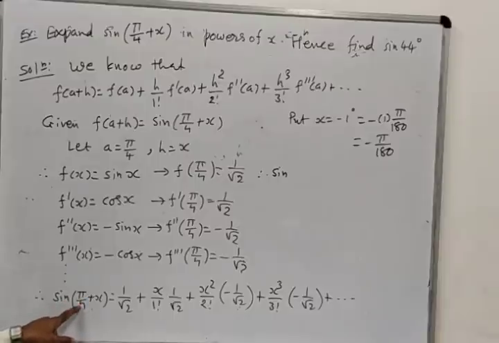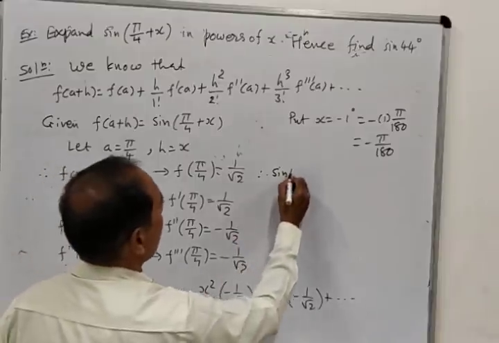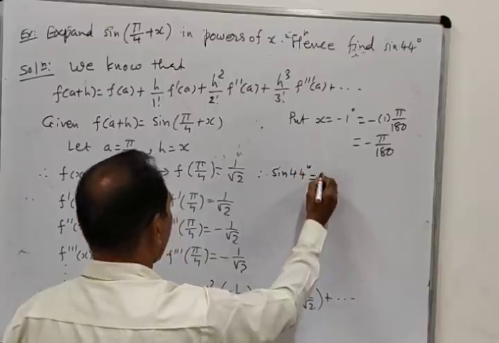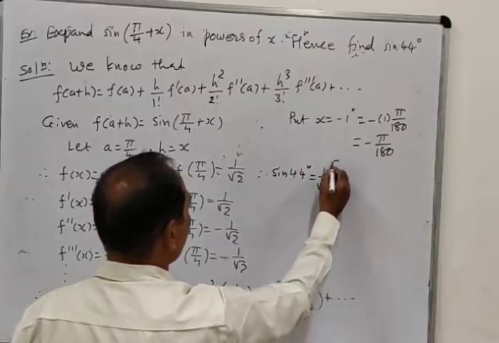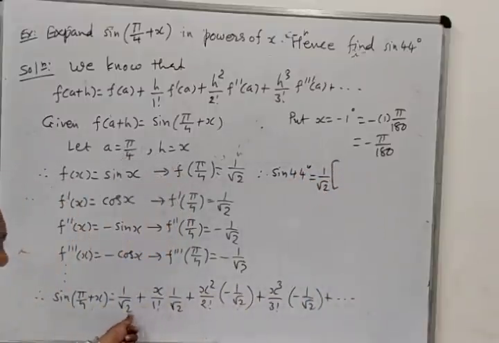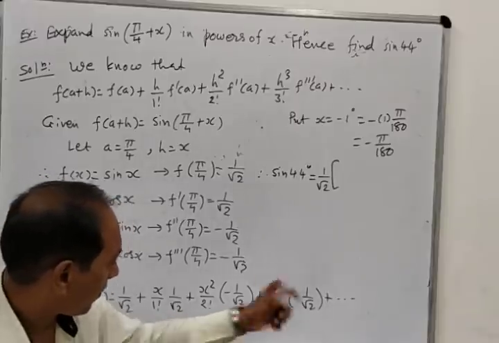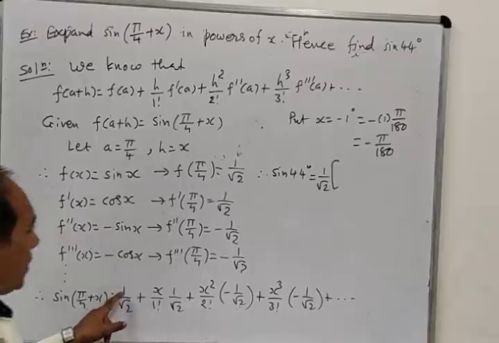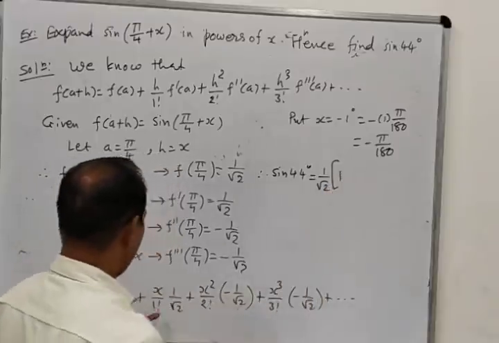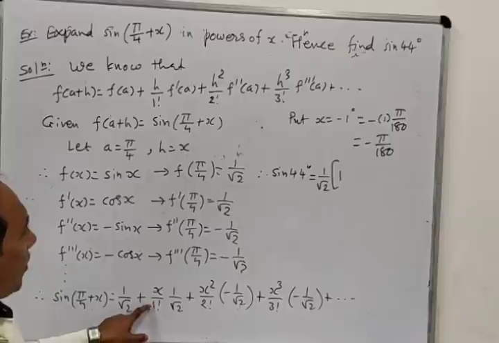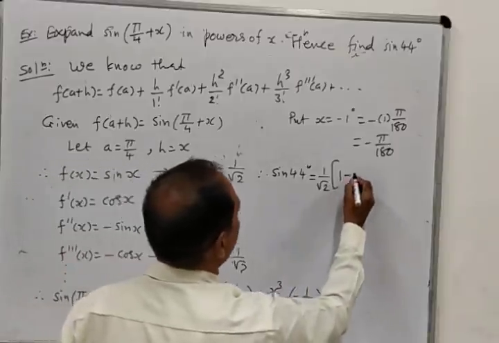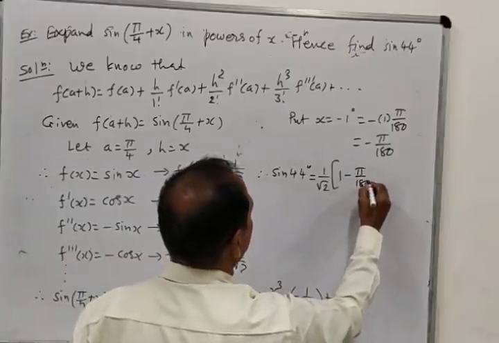So pi by 4 is 45 degrees. So sin 44 degrees is equal to 1 upon root 2. We take 1 upon root 2 common from each of the terms, because you can see 1 upon root 2 is there in every term. So here is 1, then x upon 1 factorial, where 1 factorial is 1 and x is minus pi by 180.